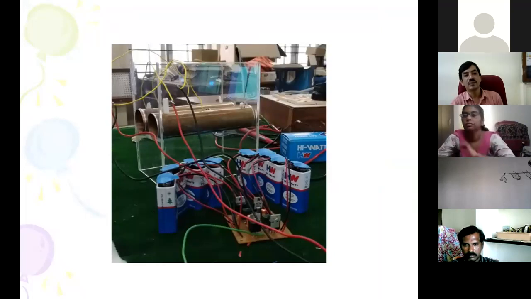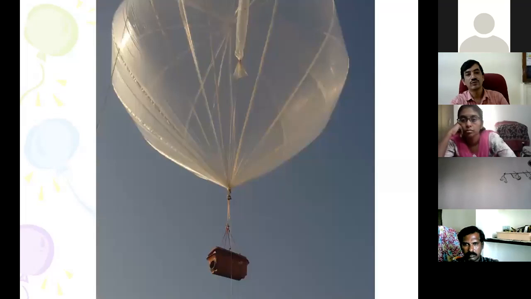To reduce all these burdens, the small Gerdien condenser was developed and it is being used now. This reduces both the manufacturing cost of the Gerdien condenser and also the hydrogen gas required to fill the balloons.